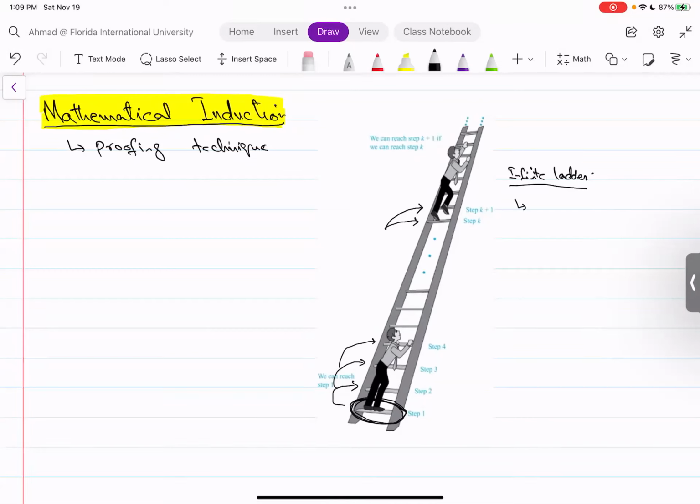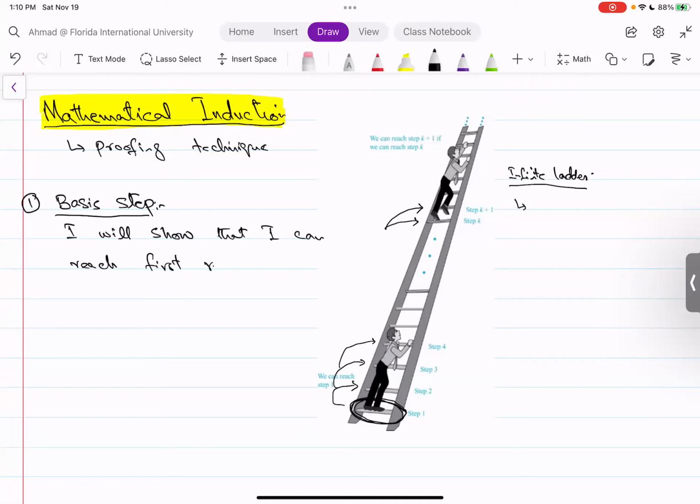The first step that I will be using is called the basis step, right? The basis step is where I am going to show that yes, I can reach rung number one. I will prove that I can reach the first rung of the ladder.